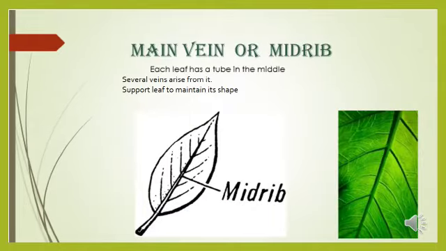The leaf blade bears one central vein called the midrib. From it, several smaller veins arise. The midrib also supports the leaf and maintains its shape.